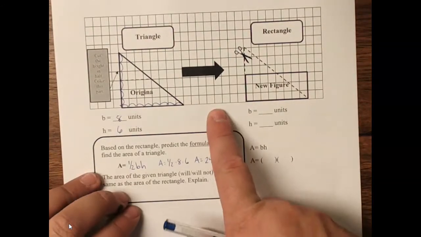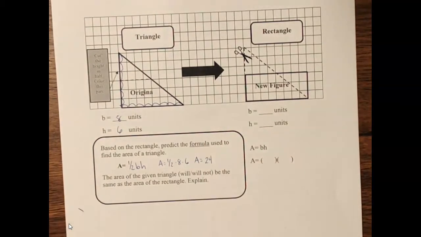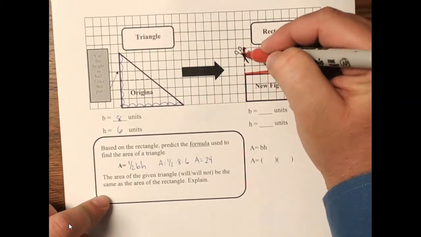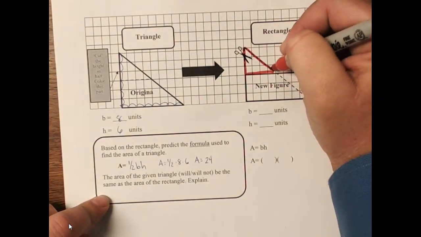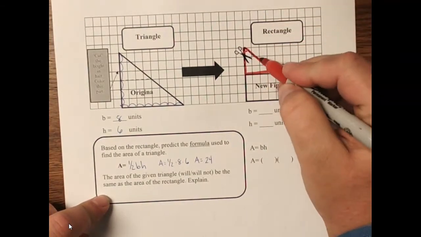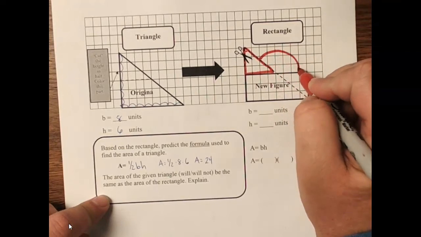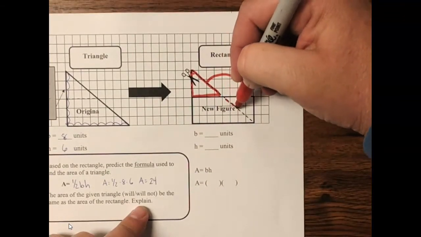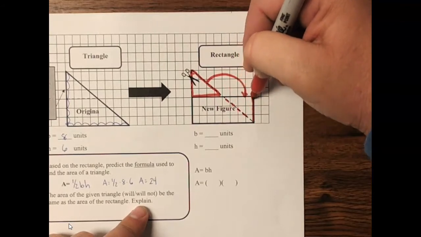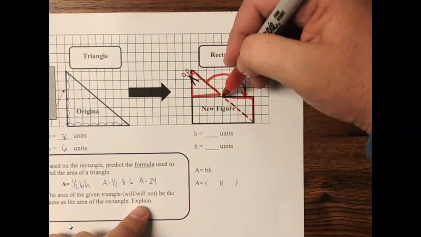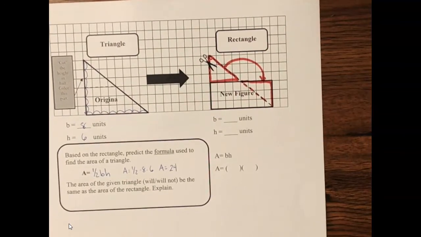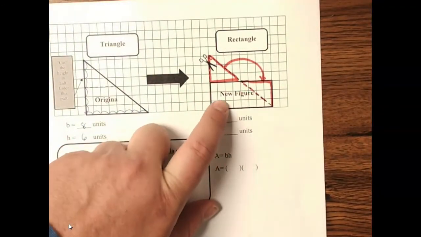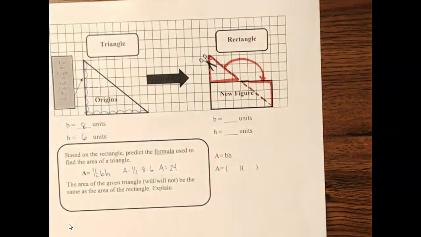Now, if we were to take this top part right here of our triangle, cut it off, and move it right here, so that this is my triangle, I now have taken the top of my triangle and added it to the bottom of my triangle, and I have a rectangle.